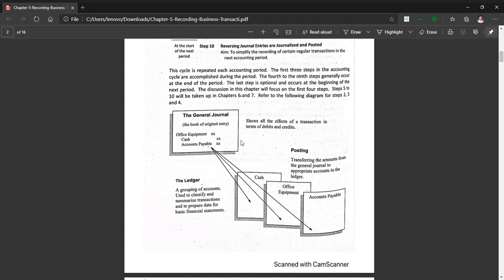So, every time na nagjo-journalize tayo sa journal, transfer natin siya sa ledger. Okay, so if you take a look at office equipment, yung amount na na-debit sa office equipment, ito transfer din natin sa ledger. So, ilalagay nyo din sa debit ng under the office equipment. While yung credit natin sa cash, ito transfer din natin siya sa cash. Tapos yung credit sa accounts payable, ito transfer ulit natin siya sa accounts payable.